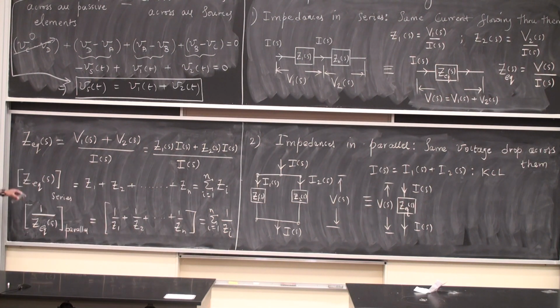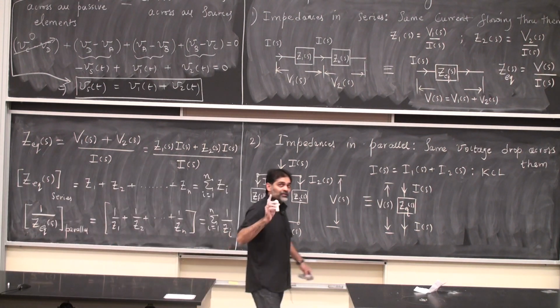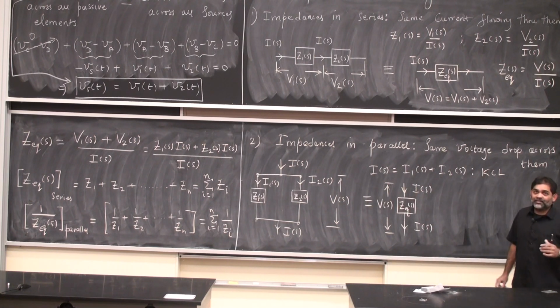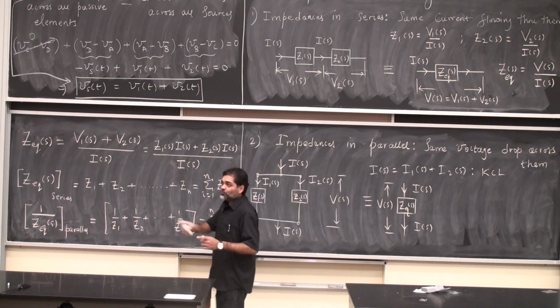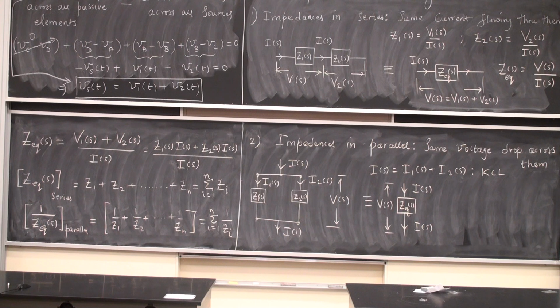Okay, so these two things are things that we're going to remember. There are only a few things we need to remember in electrical circuits. The impedances of the individual elements. Impedance of a resistor is R, of a capacitor is 1 by Cs, and Ls for an inductor. Remember these, remember Kirchhoff's laws, you're good to go.